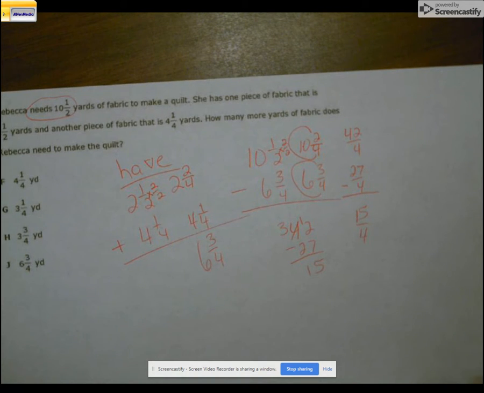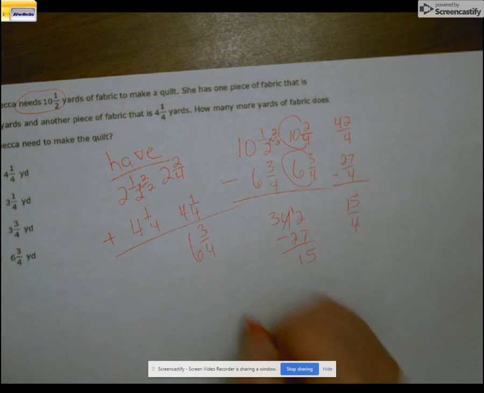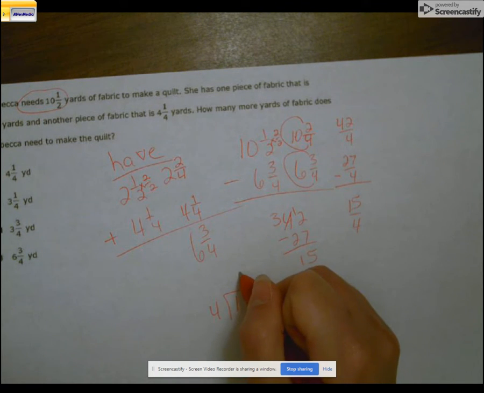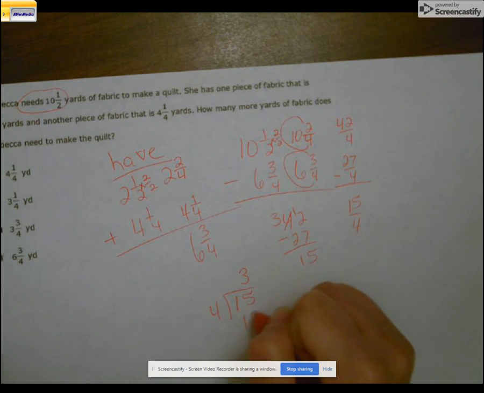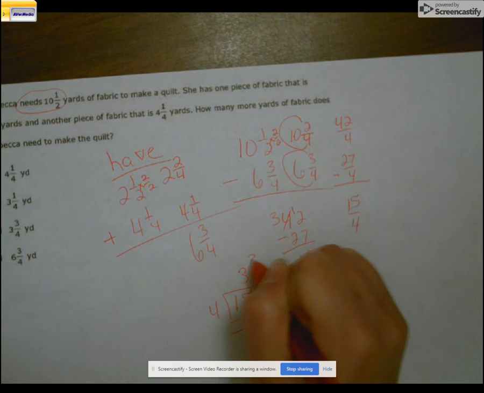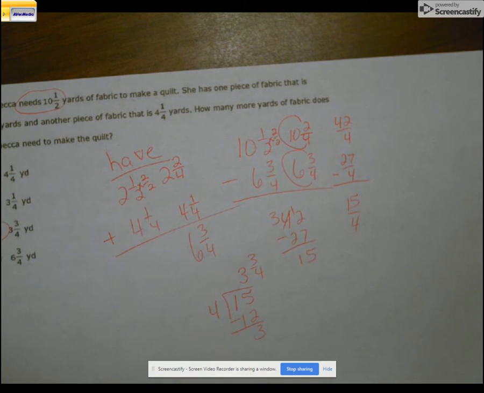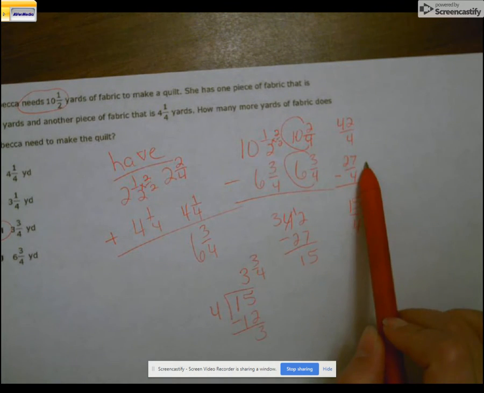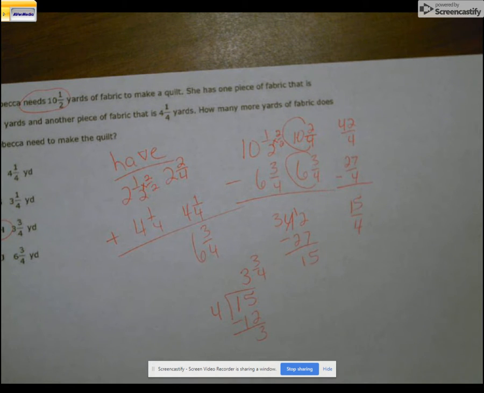I can now turn that back into a mixed number. 3 3/4. I get an answer of H. So again, just remembering our steps: common denominators, turning it into an improper fraction, subtracting, and then turning back into a mixed number.